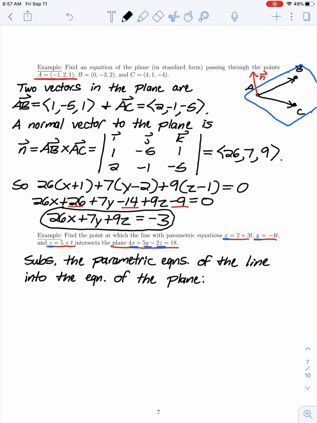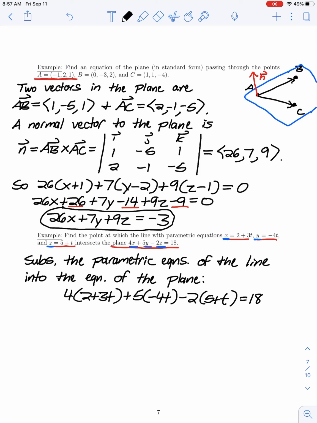So the equation for our plane was 4x, where x is given by 2 plus 3t for points on that line. Then we had a plus 5 times y, where y was -4t, and then minus 2 times z, where z is 5 plus t, and that must be equal to 18.